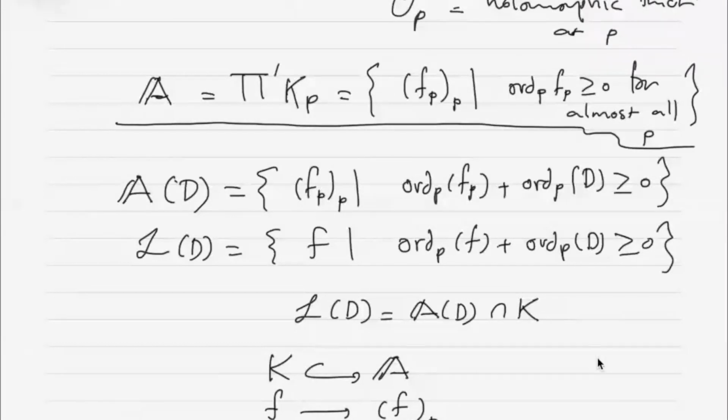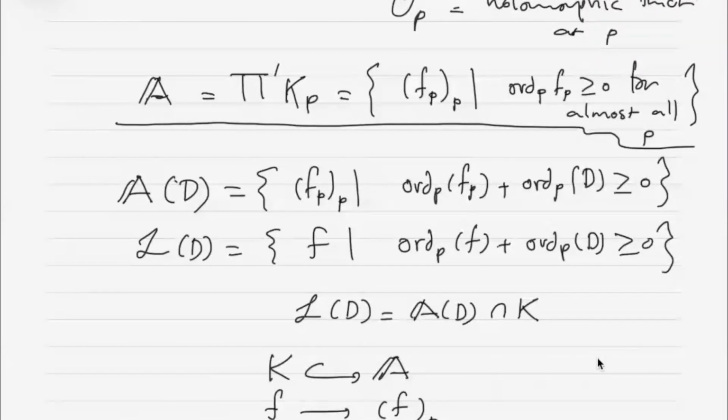And the local components have poles at only finitely many places, and therefore really you get an element of the Adels. So this F is holomorphic at all P's except finitely many points, and therefore you get really a point in that.